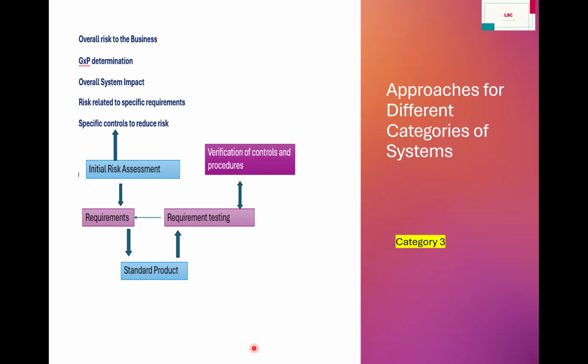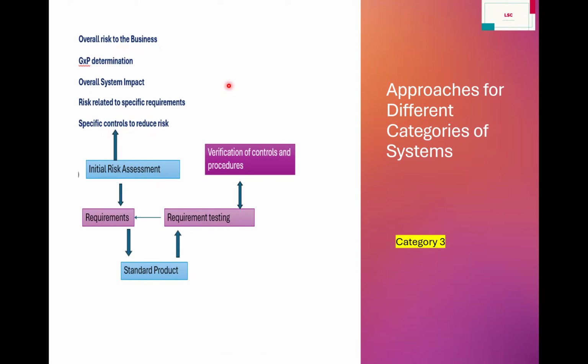First of all, an example of category 3, where we generally perform the initial risk assessment, where we check overall risk to our business process, how we determine the GxP system, overall system impact, risk related to specific requirements, obviously the functional risk assessment that we are performing in our system comes in this part, and specific control to reduce the risk.